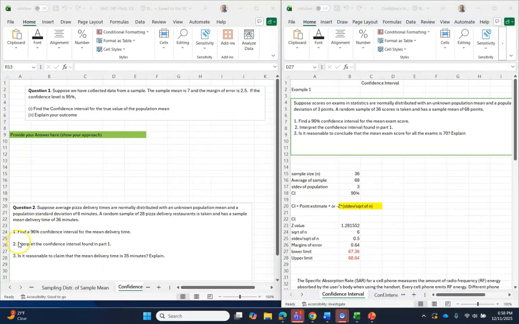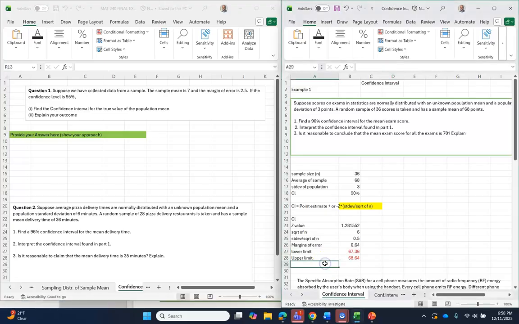The question is C. Find a 90% confidence interval for the mean delivery time, so the unknown population mean. In this case, I'll write the report here to say, let's say we are going to use the confidence level.